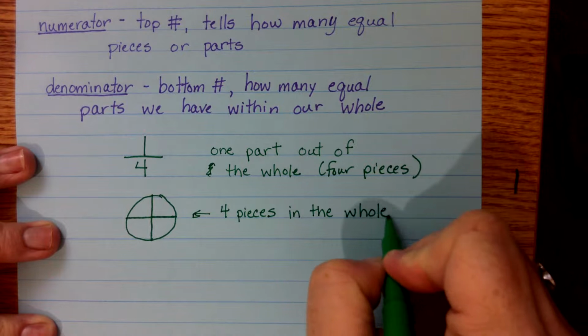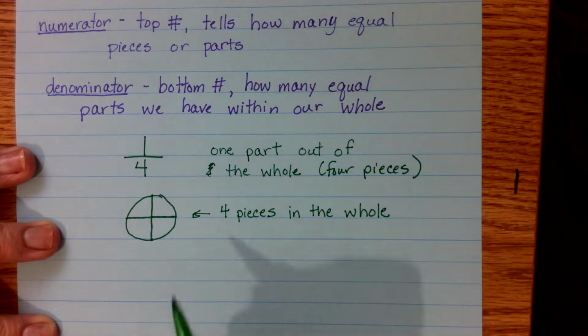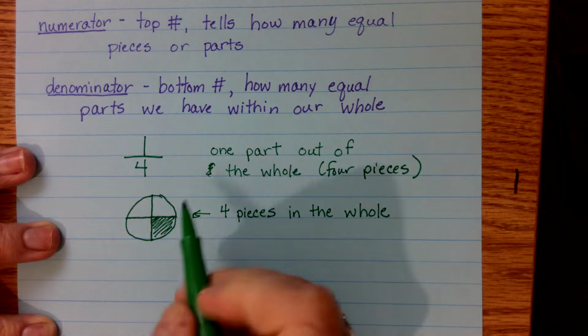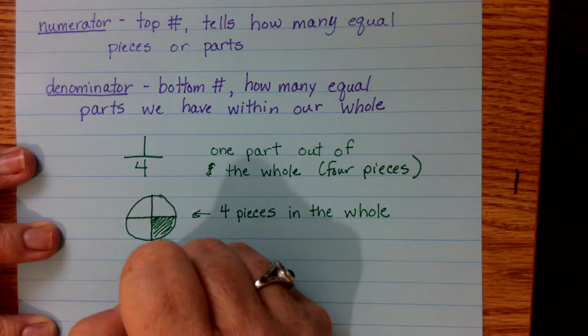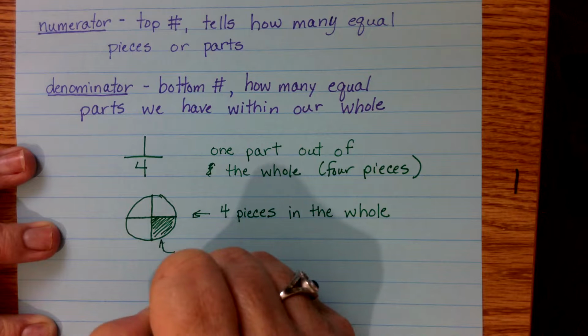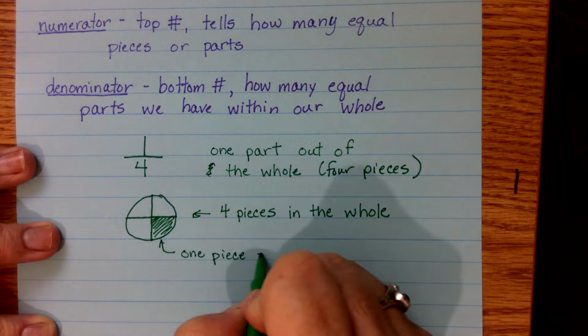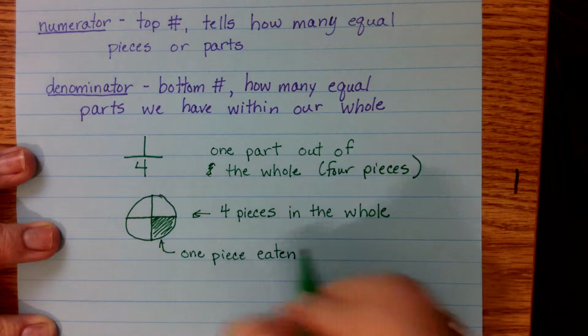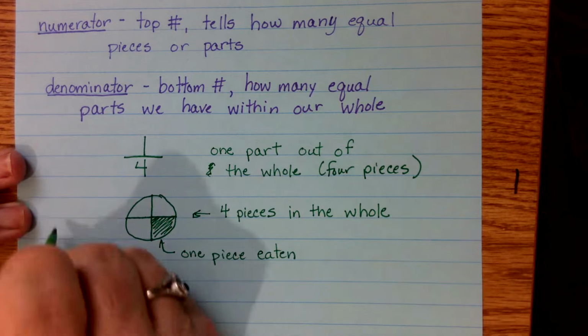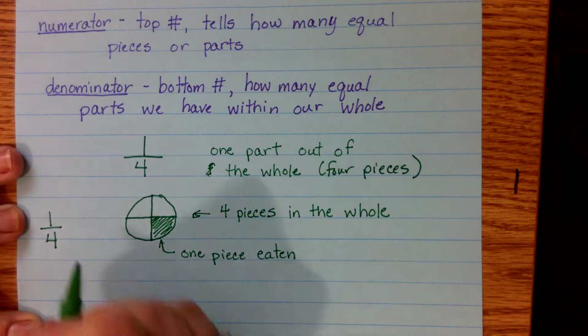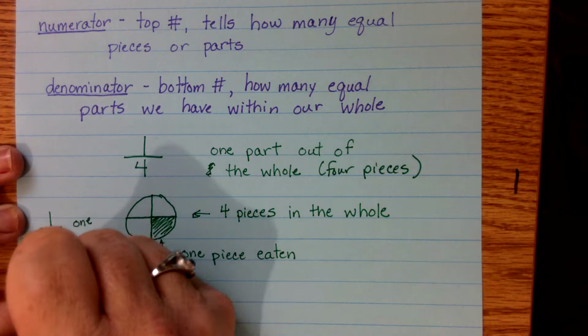I'm going to eat one of these pieces. So I ate 1 out of 4 pieces of pizza, which is also 1/4.